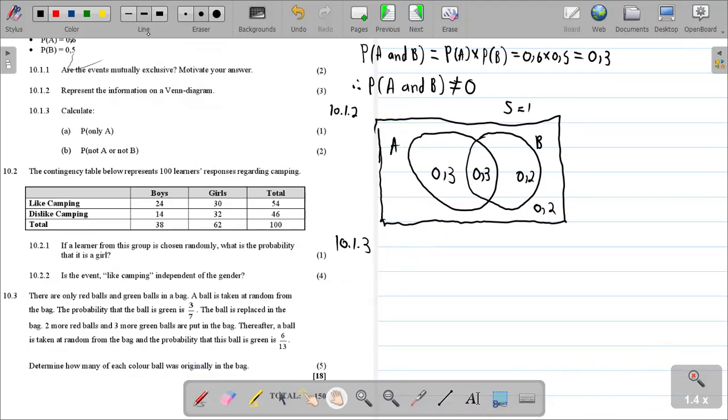So P of only A will be equal to 0.6 minus 0.3. And it's going to be equal to 0.3.